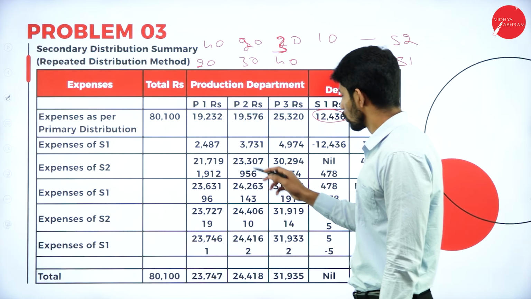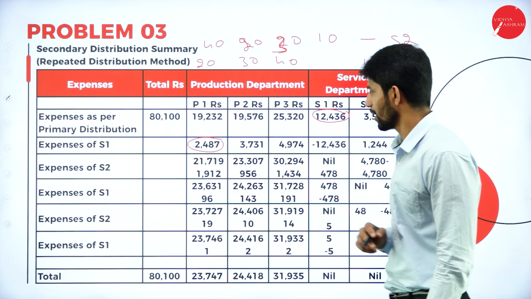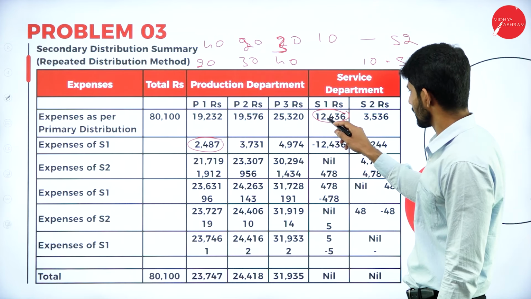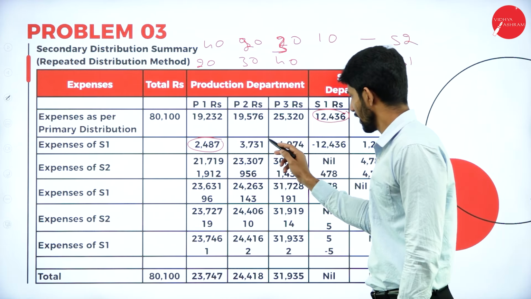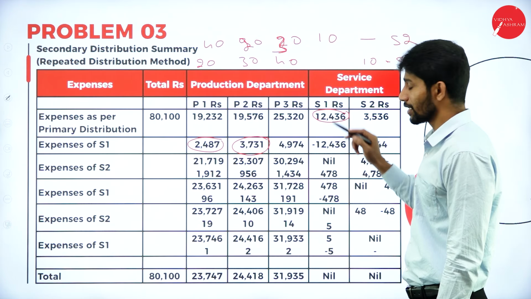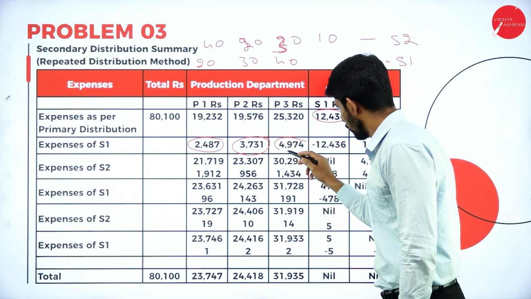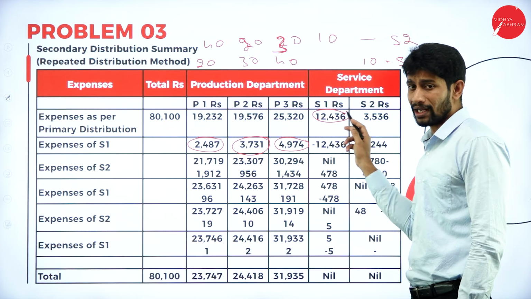You will get 2,487. Next, give 30%. You will get 3,731. Next, give 40%. You will get 4,974.